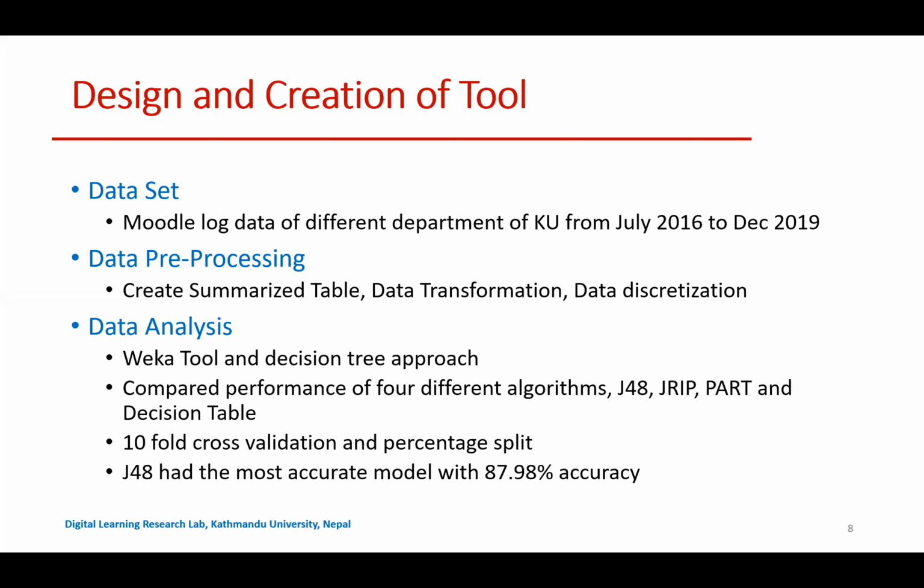So we decided to use J48 as our final model. We also use the decision tree approach in this part because we needed to deploy the tool as a standalone tool without having to create any APIs or any additional burden on the system. So to deploy it in PHP, and for ease of use, we use the decision tree approach in this research.